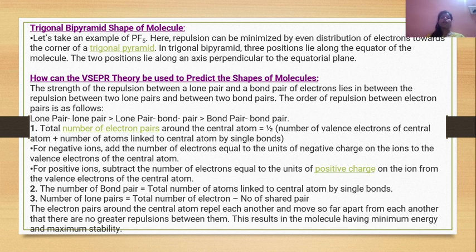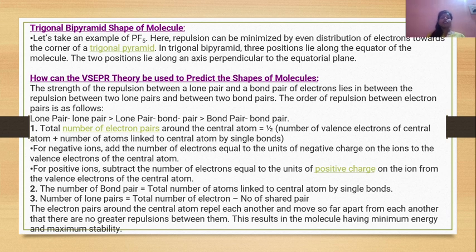So for negative ions we must add the negative charge, and in the case of a positive ion we must subtract the positive charge from the valence electrons of the central atom, as I already told.